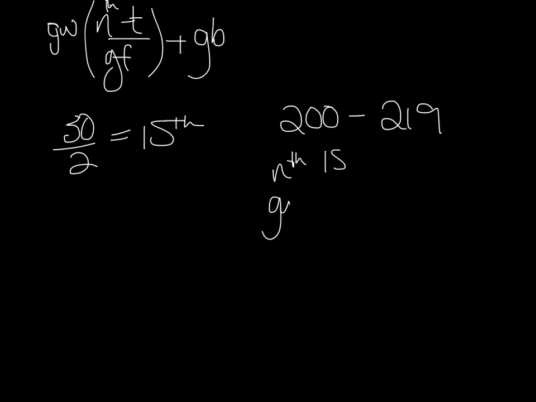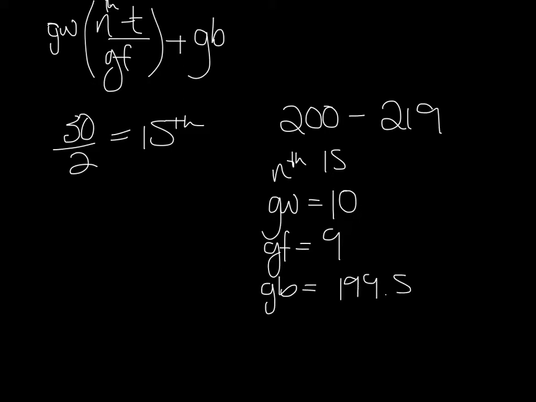Our group width, that is the width of that group, well that's 199.5 to 219.5, so that's 10. The group frequency is 9, and the group bottom, that's the true group bottom, is 199.5.